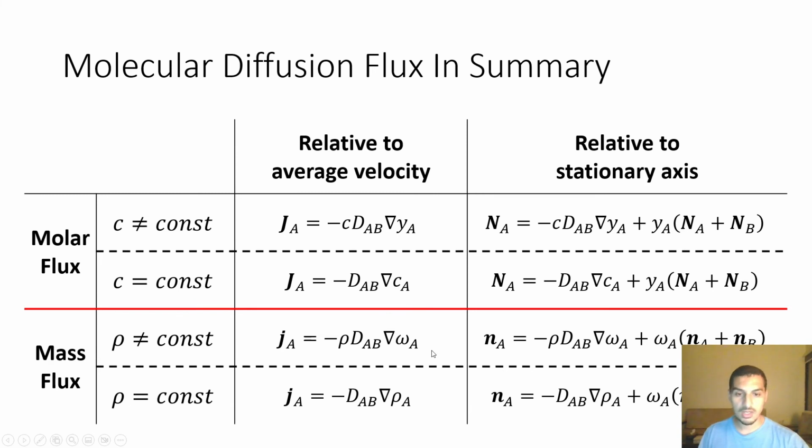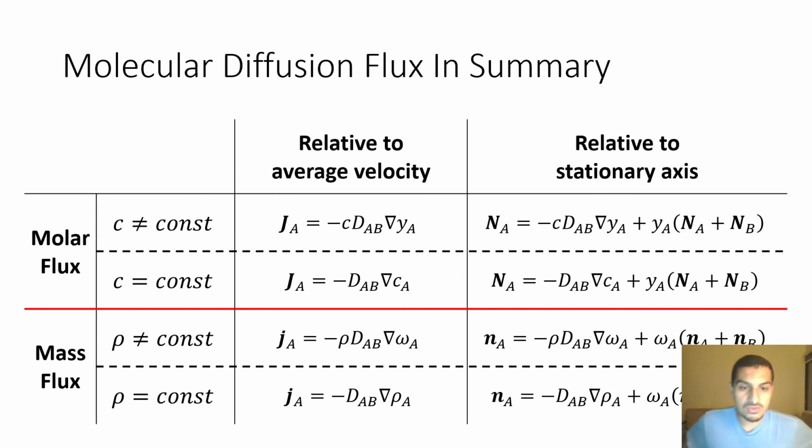So it was 8, then 4, then 2. And if you are operating at constant temperature and pressure, then the concentration will be constant. So you can use this equation, which is the gradient of concentration, not the gradient of mole fraction. So this is the equation that you will be using. This is what you need to keep in mind.